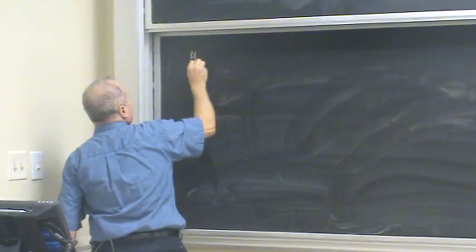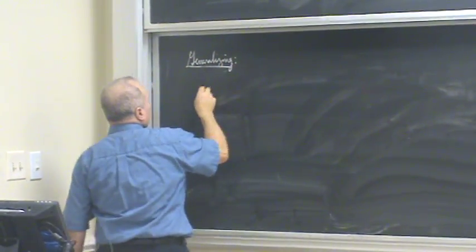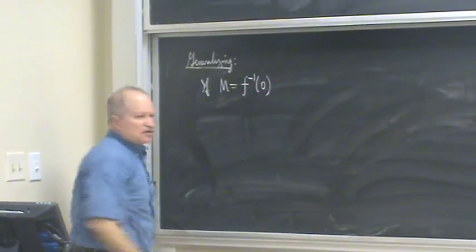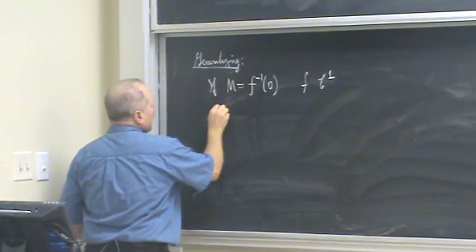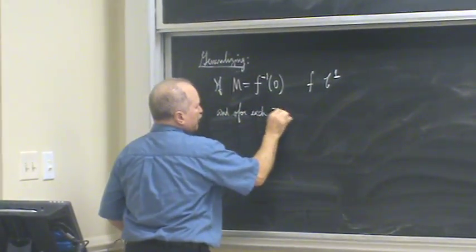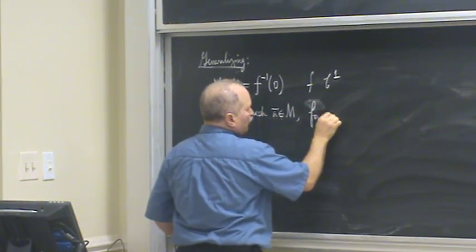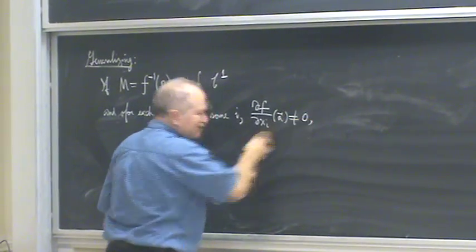So, thanks, Cameron. Generalizing what we said, if M is a level set of a C1 function, and at each point in M, for some i, the partial with respect to xi at that point is not zero.